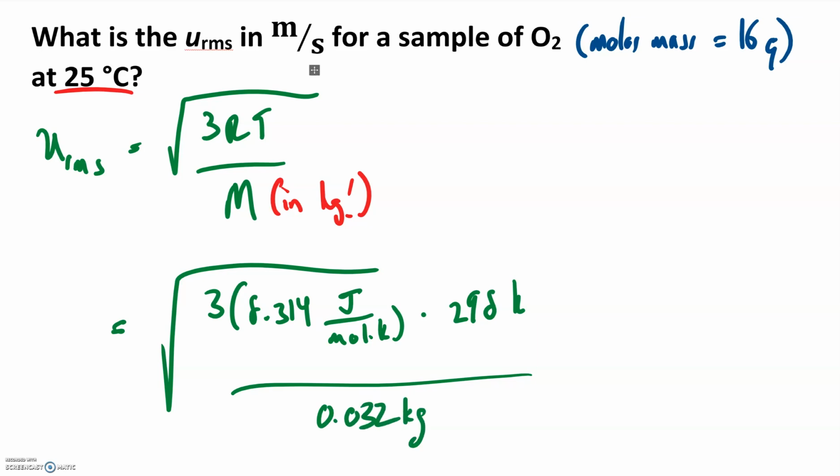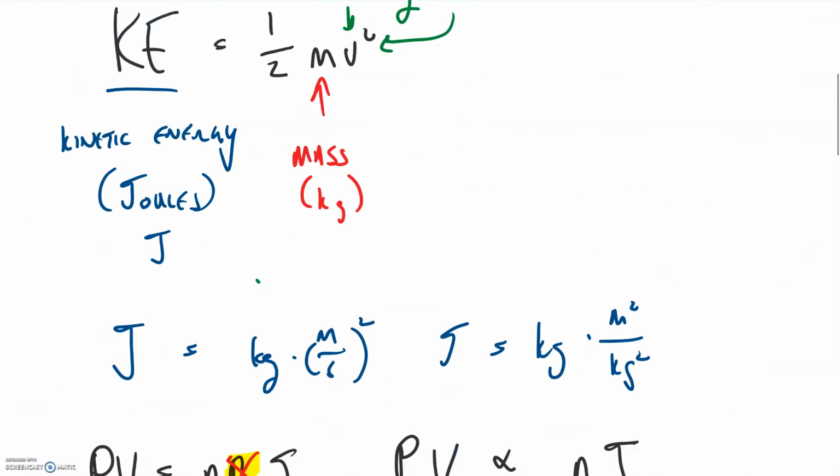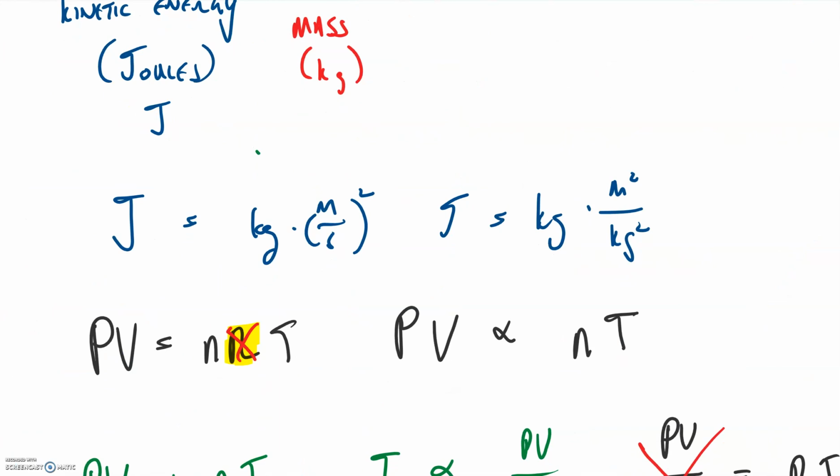Now this might look like a mess, but let's start canceling units out and see what happens. Obviously, kelvins is going to cancel. And if we recall from way up at the top, another way of saying a joule is a kilogram times a meter squared over second squared. Oops, that should say seconds squared.